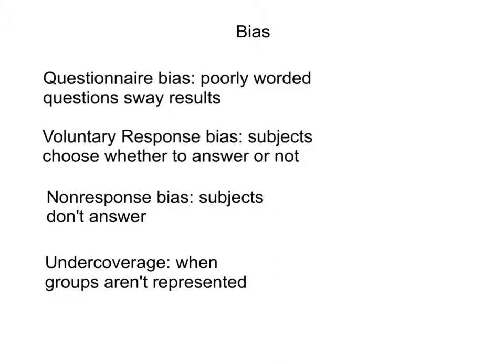Then we have something called undercoverage. Undercoverage is different from non-response bias because you don't even include certain people in your sampling process. For example, if you call people on the phone for a survey, you're not including people with numbers that aren't in the phone book, or people that don't have a telephone, like homeless people or prison inmates, people that don't have a residence with a phone number.